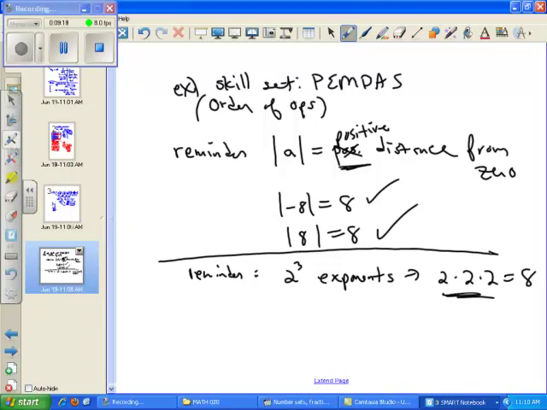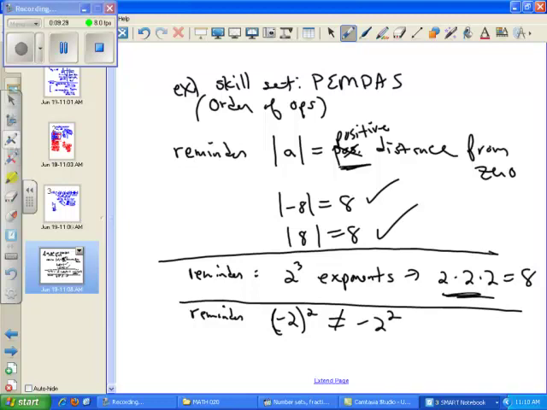Other reminder, these are like tricks of the trade here. (-2) squared, with parentheses, does not equal -2 squared. This one will come to be 4. This one will come to be -4. And 4 does not equal -4. So those are areas where people sometimes get tripped up. Now let's go ahead and tackle PEMDAS.